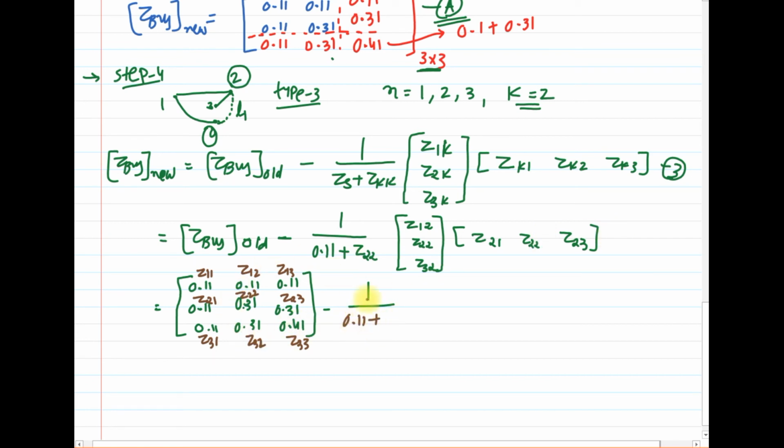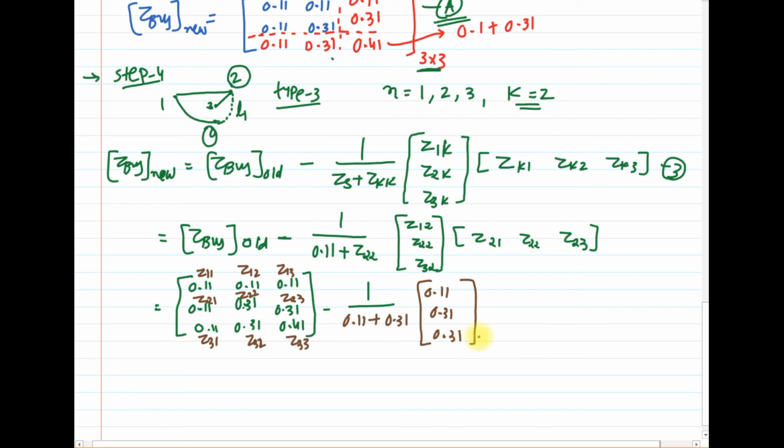So Z22 is equal to 0.31, and Z12 is equal to 0.11, Z22 again 0.31, Z32 is equal to 0.31.